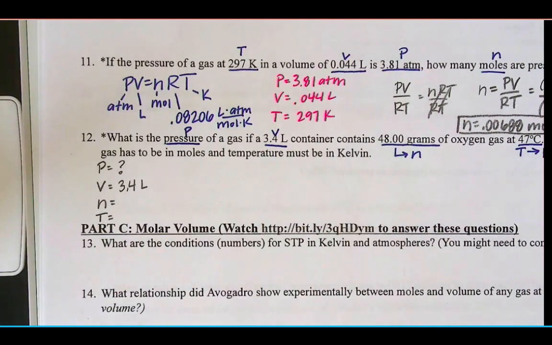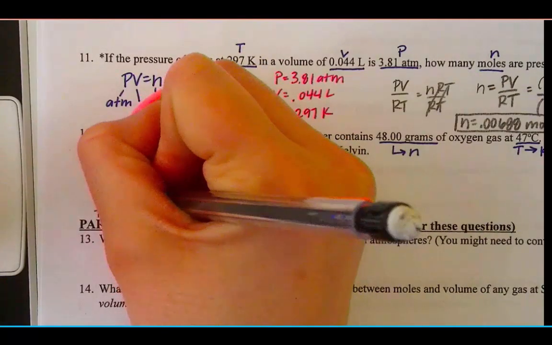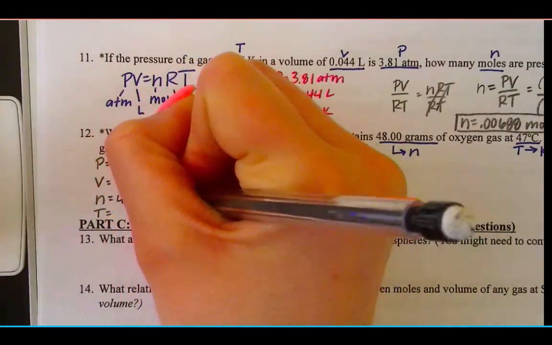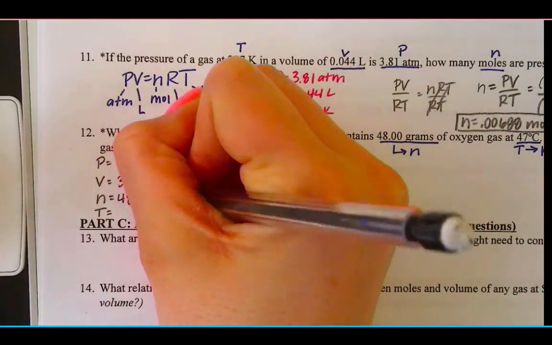Now it tells me this little hint here. Remember, the amount of gas has to be in moles. So they gave me 48 grams of oxygen gas. Oxygen gas, so we're going to go back and review things that we've talked about all year. Oxygen gas is unique because when oxygen is by itself, it's O2.